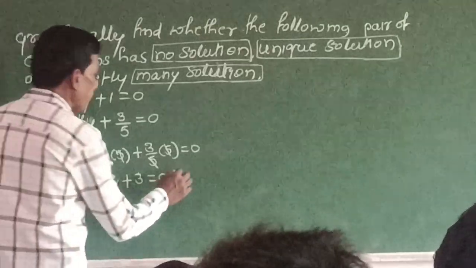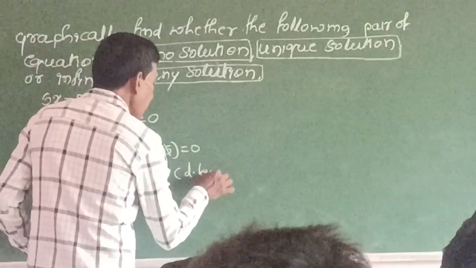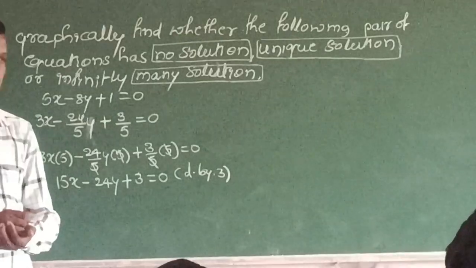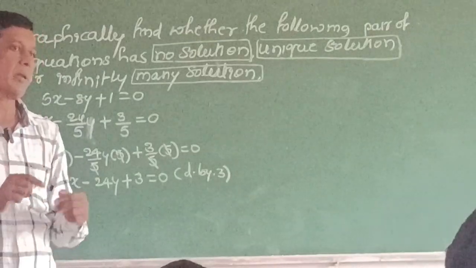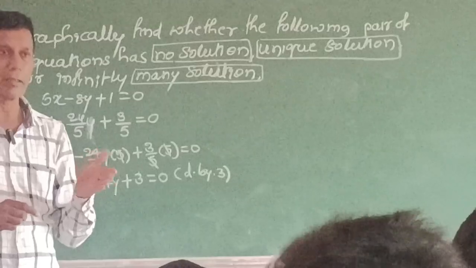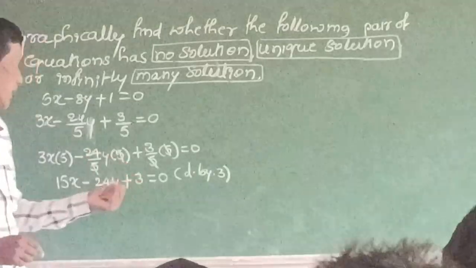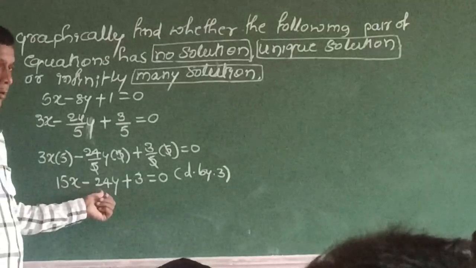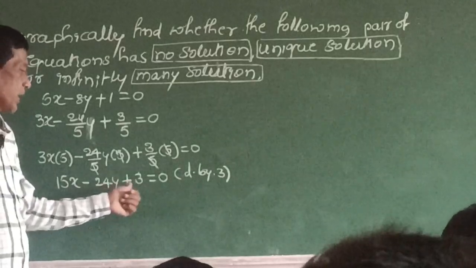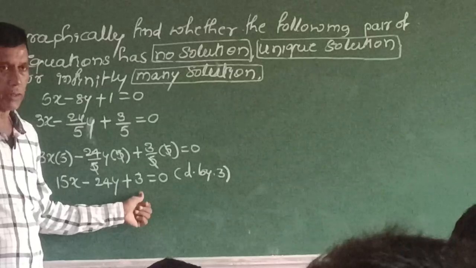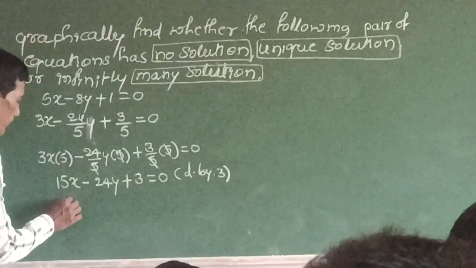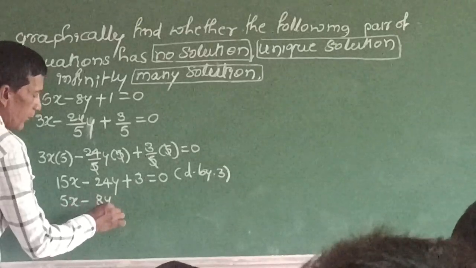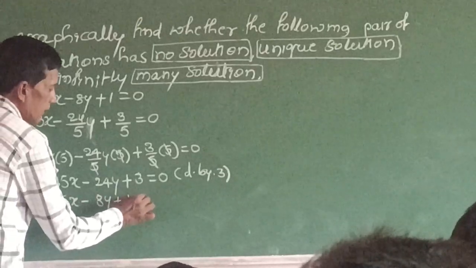They are divisible by 3, because 15, 24 and 3 are all in the 3 table. So dividing by 3: 5x minus 8y plus 1 equal to 0.